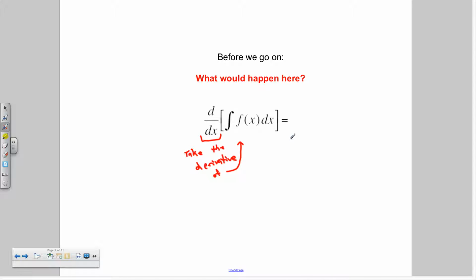But, of course, this thing is already the antiderivative. It's the indefinite integral. So this is asking us to take the derivative of the antiderivative. It'll just undo everything. And, point of fact, it'll leave behind just regular f of x, the function that was inside the integral to begin with. The derivative of the antiderivative is just f of x.